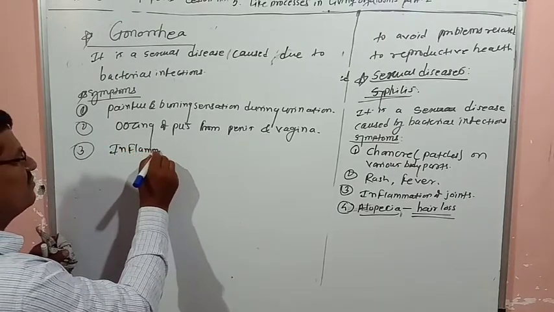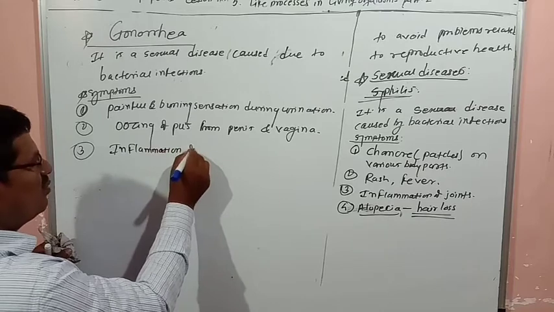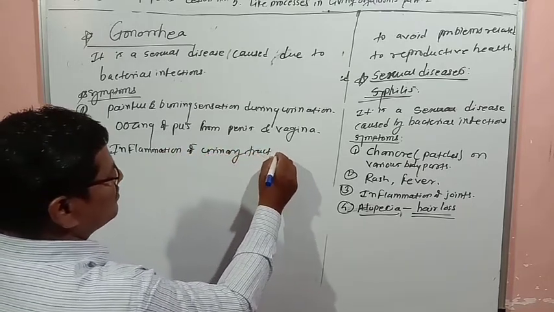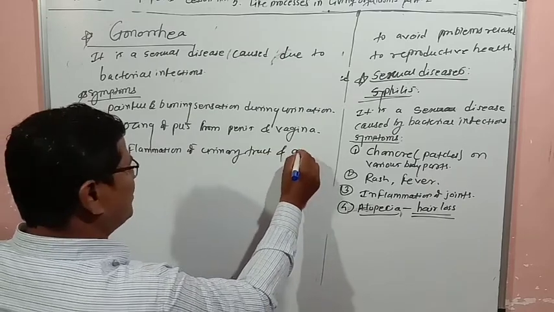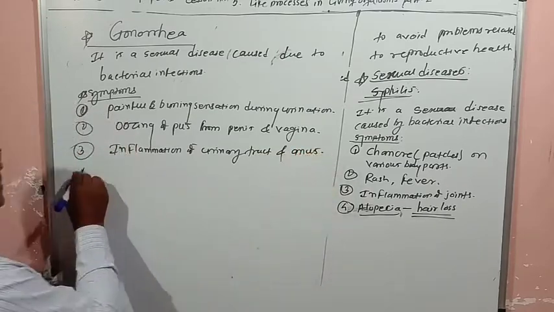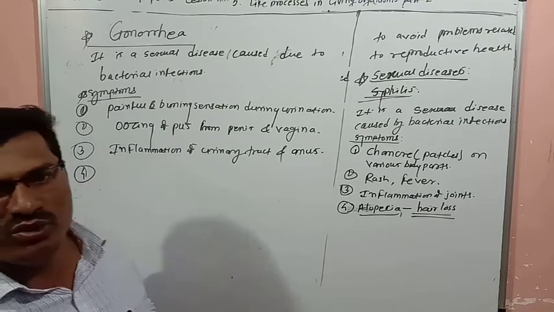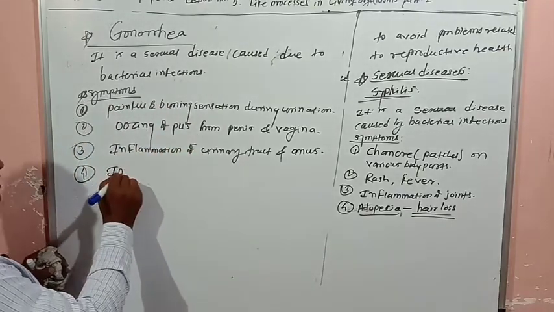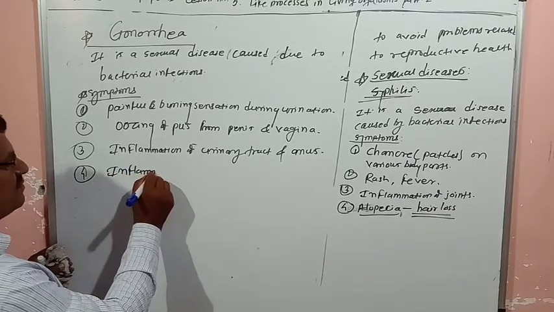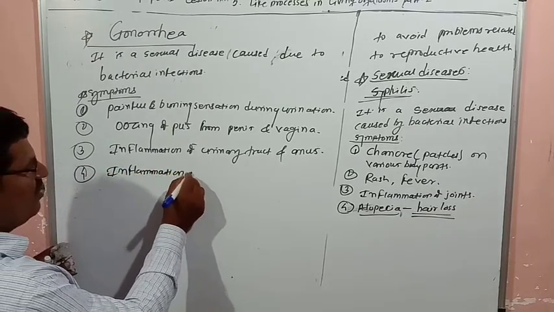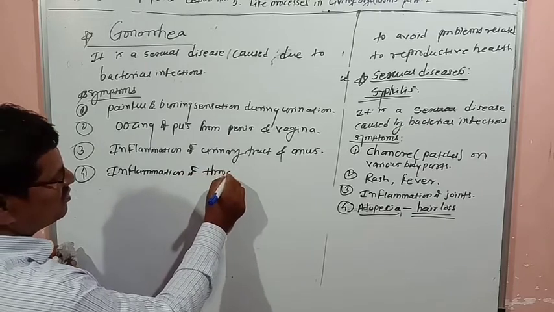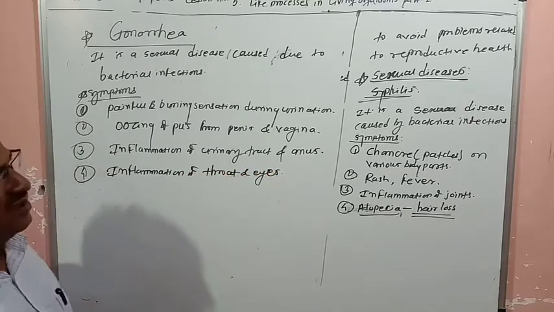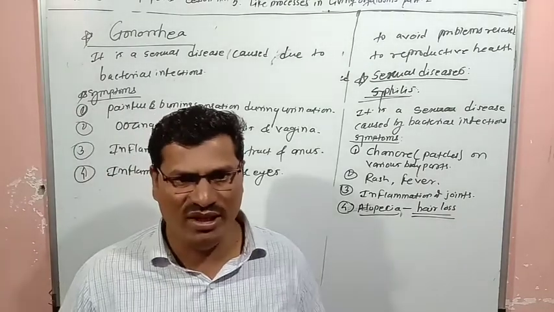The fourth is inflammation of the throat and eyes. So these are the symptoms of gonorrhea.